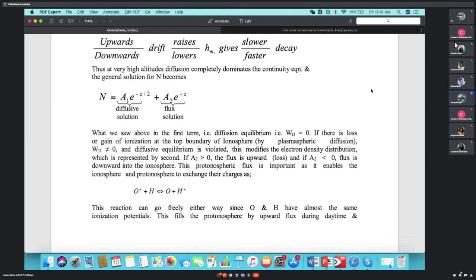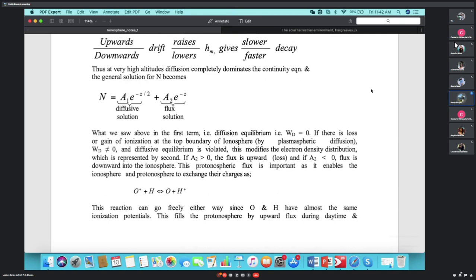Even if the chemical reactions are similar, because of the number density and also because of the effect of the neutral wind, electric field, and gravity, at higher heights or higher altitudes, diffusion takes over the process of production and loss.